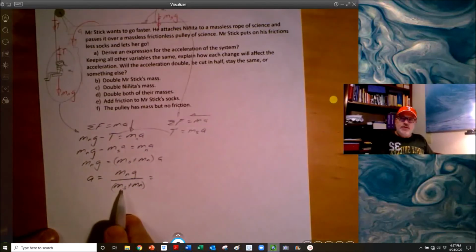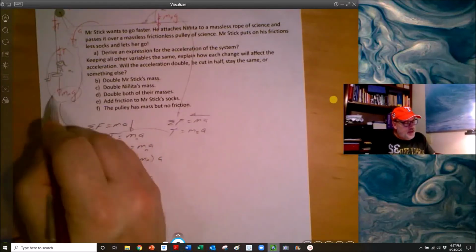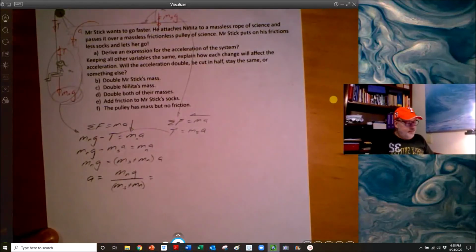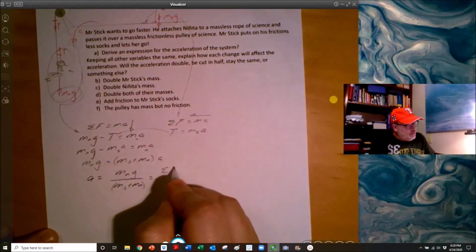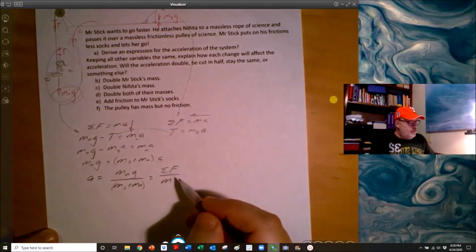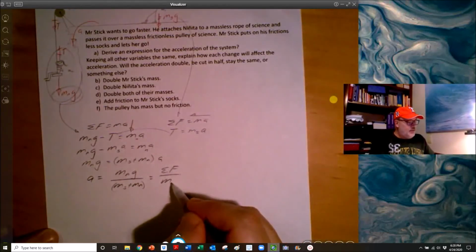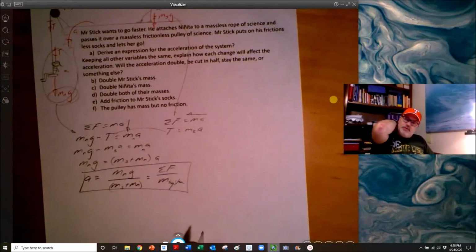Hey, if you take a close look at this, this is the force that's making it all go, her weight. And this is the mass of the system. So this is essentially F equals ma for the system: the force that's making it go divided by the mass of the system. All right, excellent. That'll help us out just a little bit.